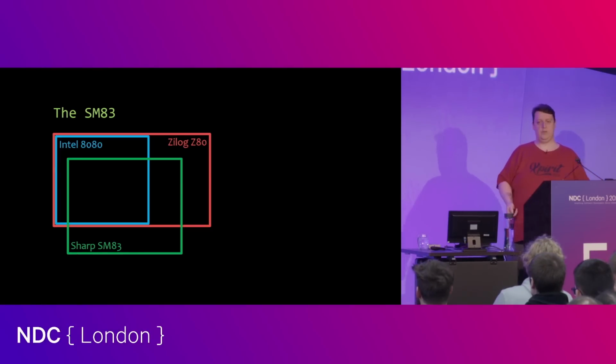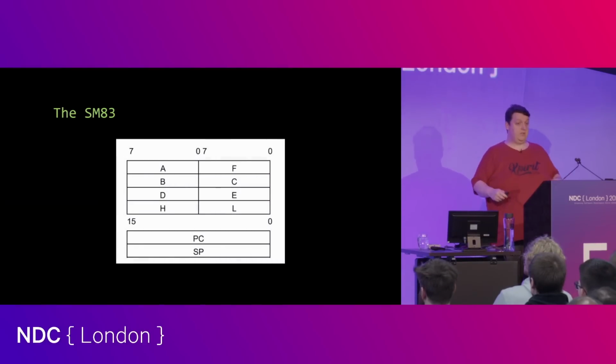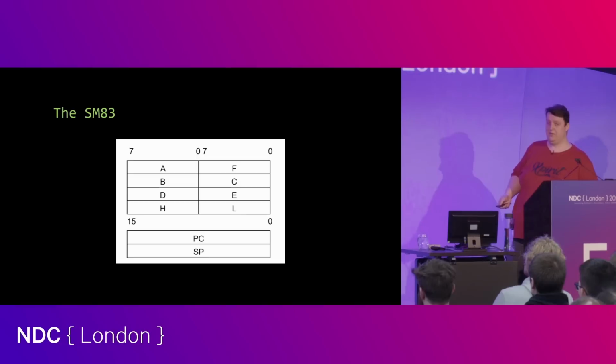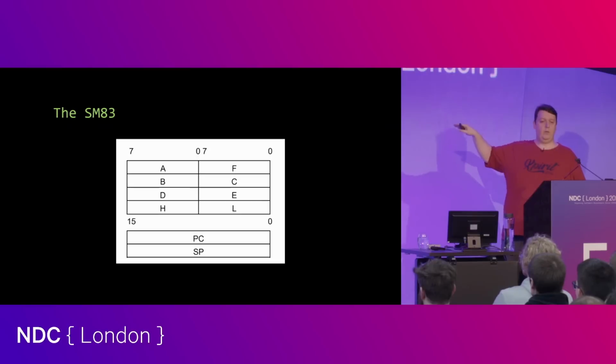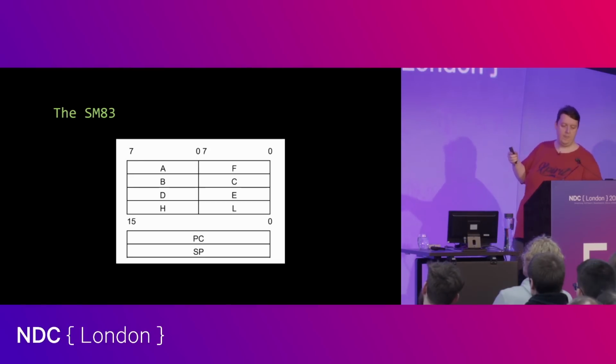Now, when I talk about these registers, these are the ones that we have, so it's not a lot to work with. These days we have a lot more registers. These are all only 8-bit wide, so you can store numbers in these ranging from 0 to 255 or minus 128 to 127.